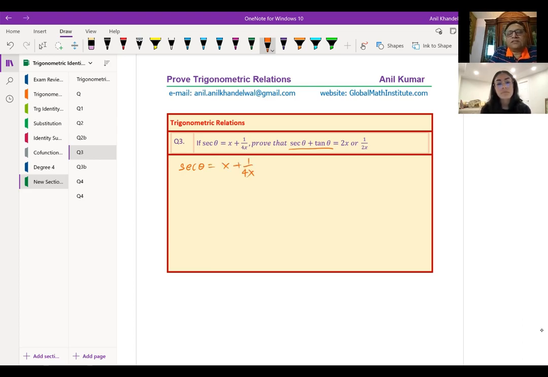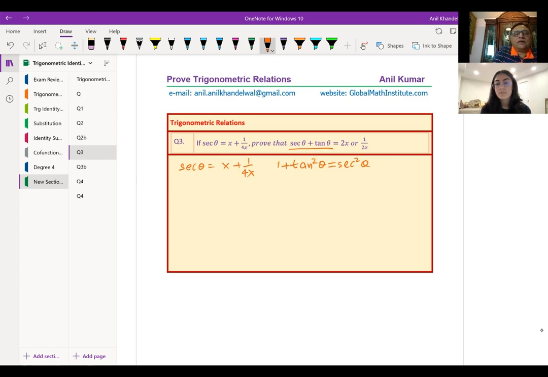Now, what is the relation between secant and tan? We know that secant is 1 over cosine, and tan is sine over cos. Secant squared theta minus tan squared theta equals 1. So 1 plus tan squared theta is secant squared theta.